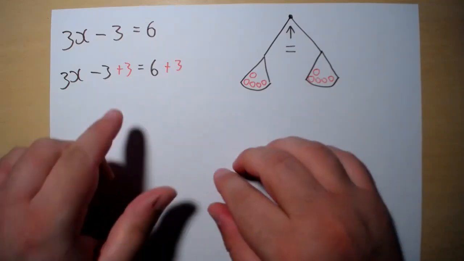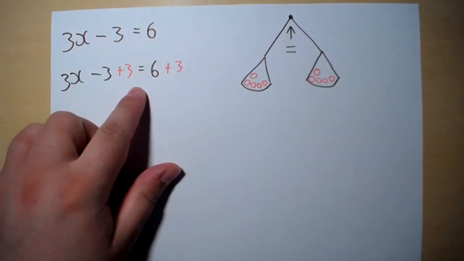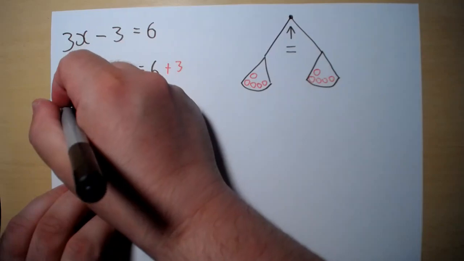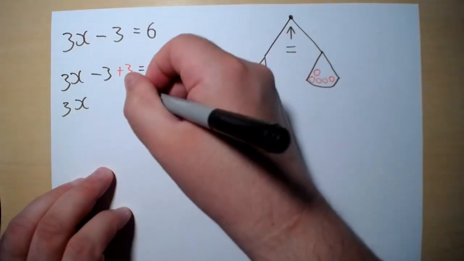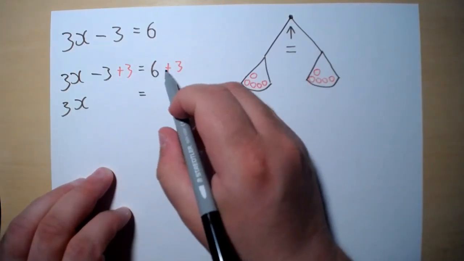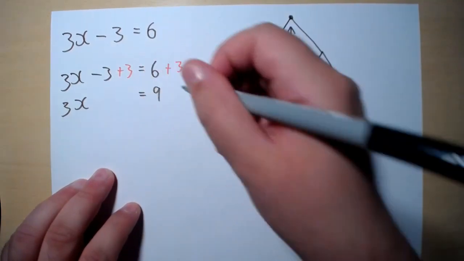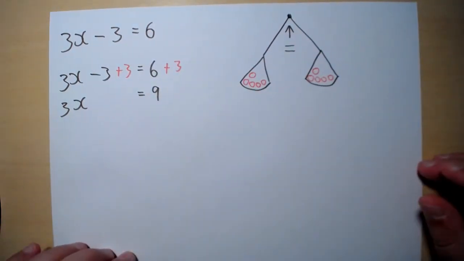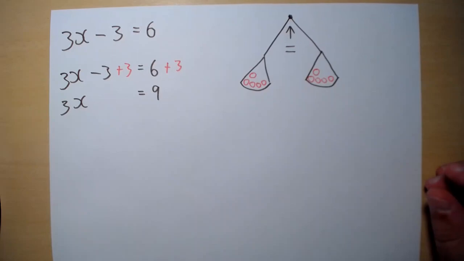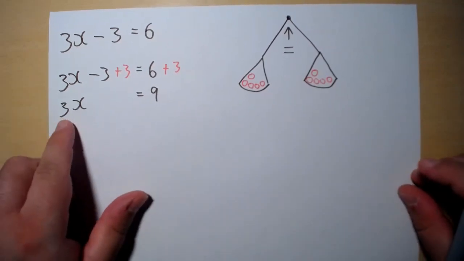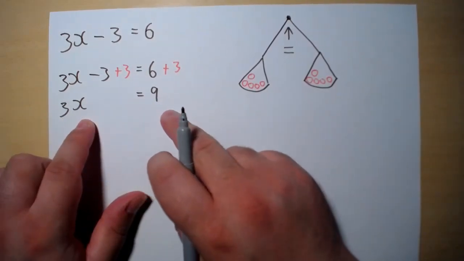If we work these, minus 3 plus 3 will give us a 0, so we will remain with 3x. And 6 plus 3 will give us a 9. Now here we have 3x is equal to 9.